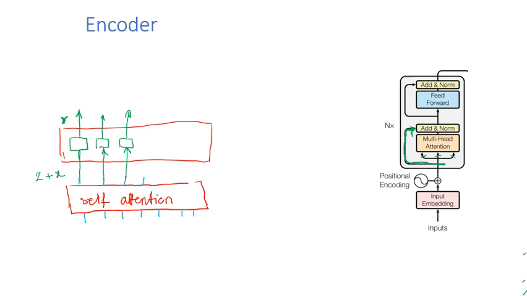And then I have this layer, which is add and norm. So after adding Z and X, we normalize it. Then after normalization it goes to the feed-forward neural network, and I have another residual connection here.